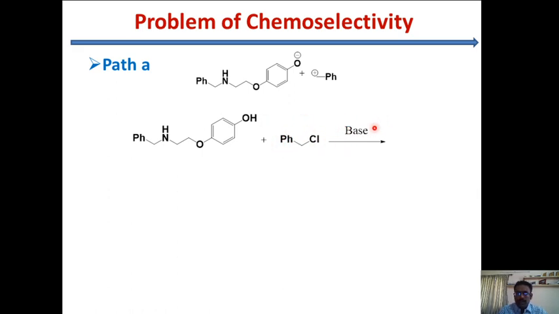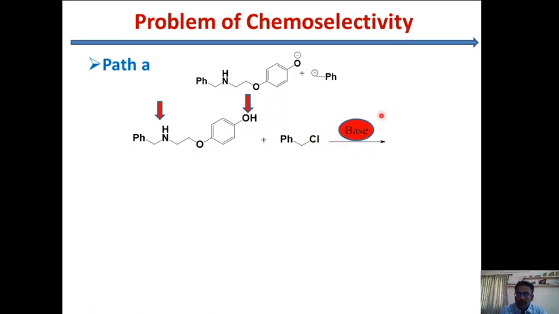So if you treat in the presence of base, you should get the target molecule, isn't it? But here the problem is when you treat this starting material in presence of a base, the problem of chemoselectivity is here: you have an acidic proton over here, the nitrogen, and another acidic proton over here, OH. So here we have two acidic protons.